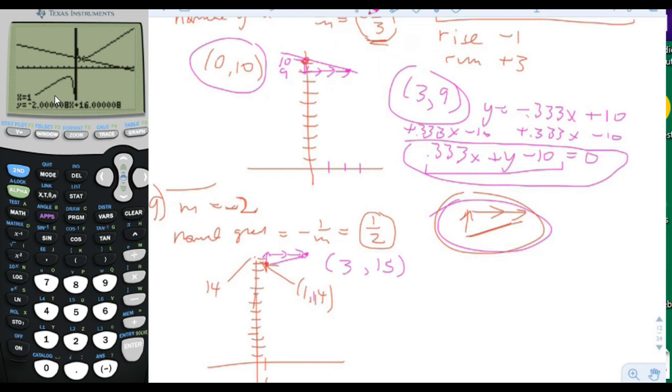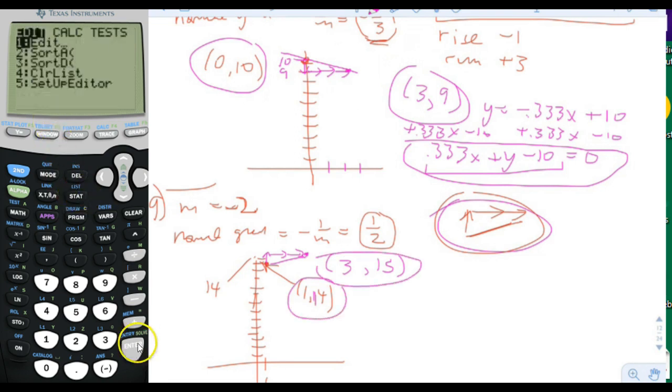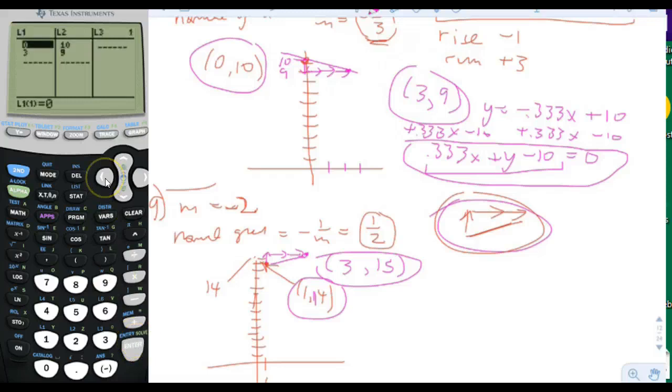I have (1, 14), and I have (3, 15). I'm going to put both of these into stat edit, and then I'm going to use linreg to find what the equation of the normal line is. So (3, 15), and (1, 14).